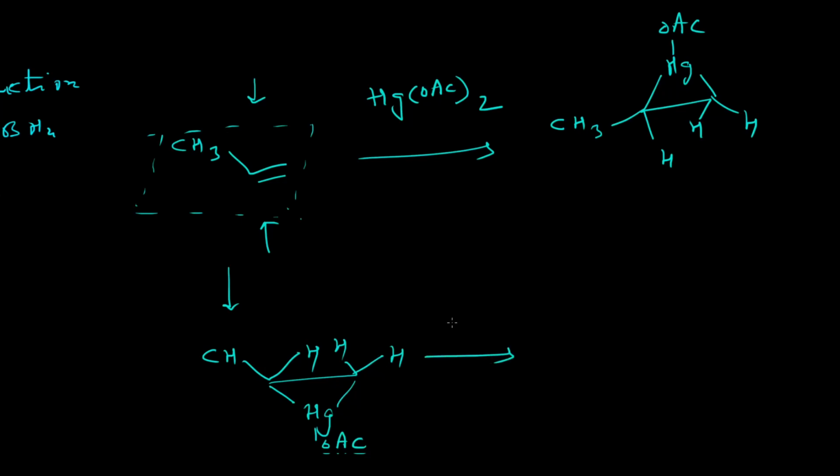So after that, the water will eventually attack this sterically crowded center. So water will attack this center, and this carbon-mercury bond will break. So which will lead to the formation of this alcohol or this organometallic species.